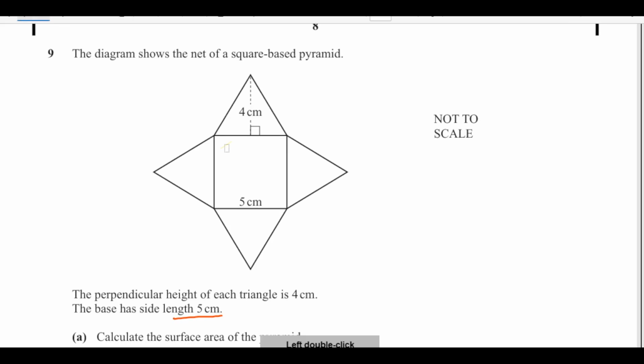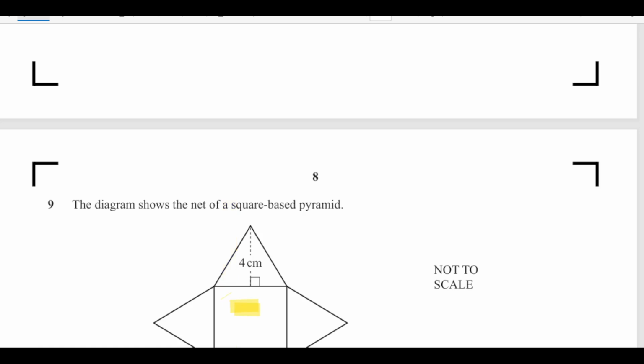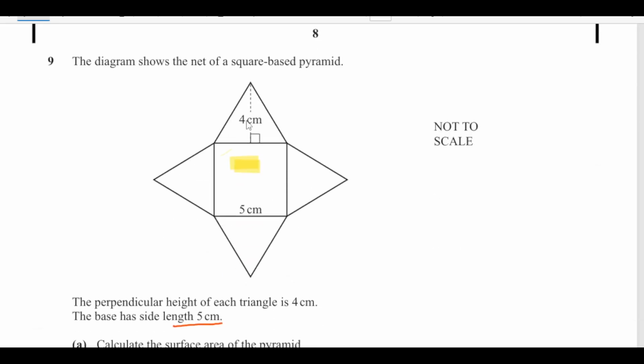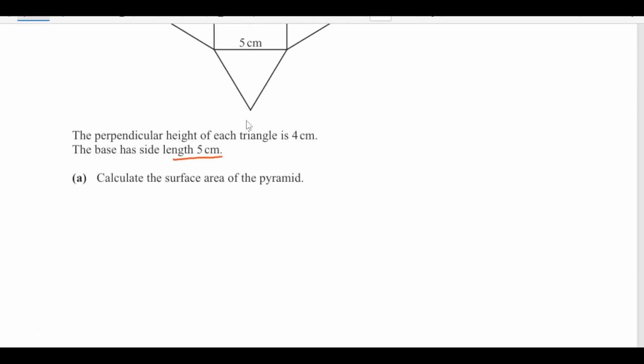area of the square, this square. And then the area of the triangles. Okay, so let me just write it down.